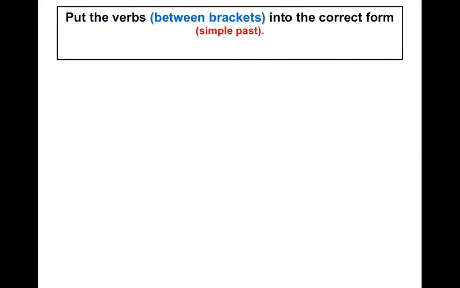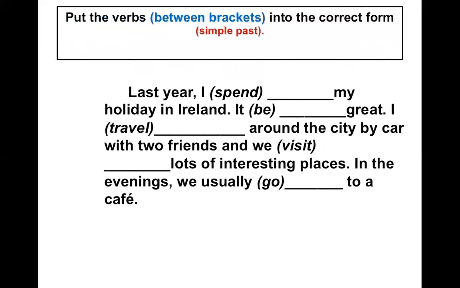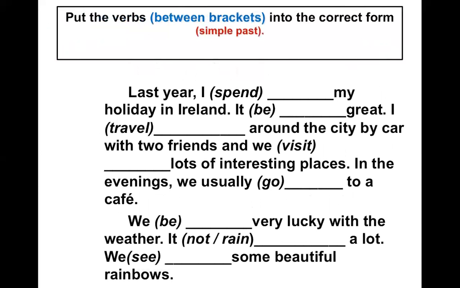Put the verb between brackets into the correct form in simple past. Last year, I spent my holiday in Iran. It was great. I traveled around the city by car and we visited a lot of interesting places.